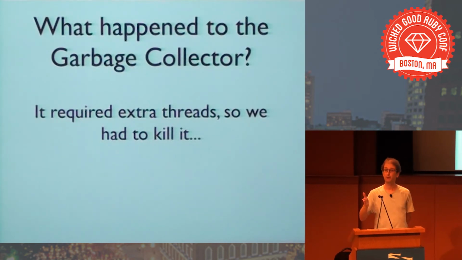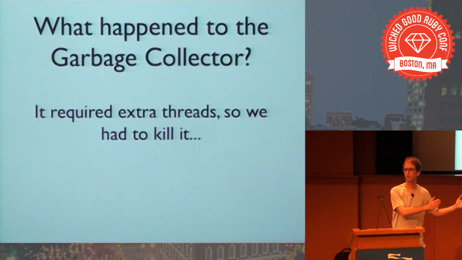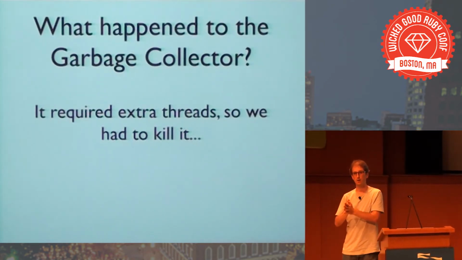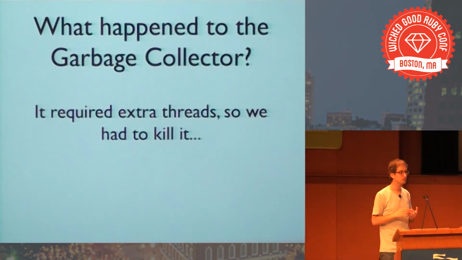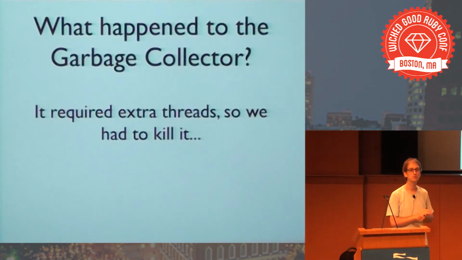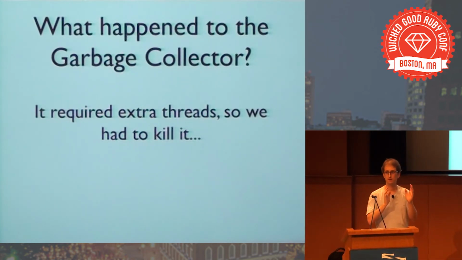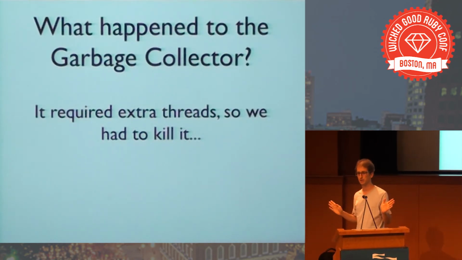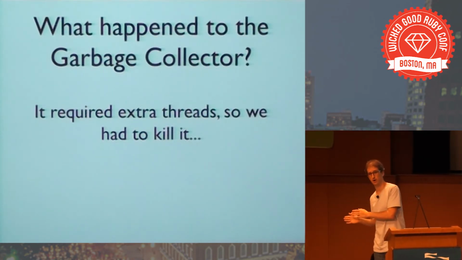You can stop everything to collect the garbage, or you can let the program continue to run and collect the garbage on another thread. Now, on a big, beefy processor with multiple cores, it's not such a problem. But on a device like the iPhone, especially the early iPhone, this just wasn't an option. So Apple ditched the garbage collector.